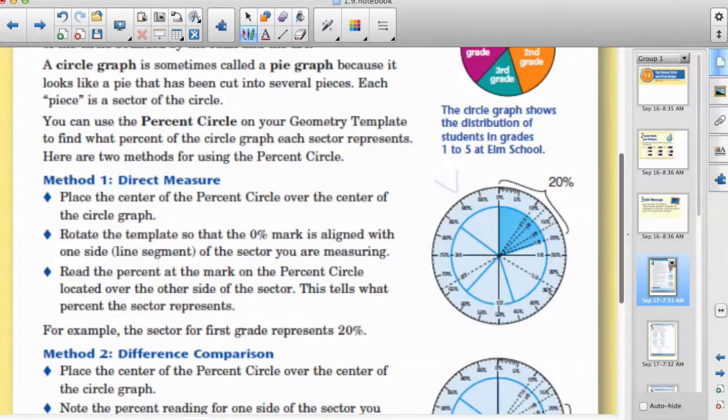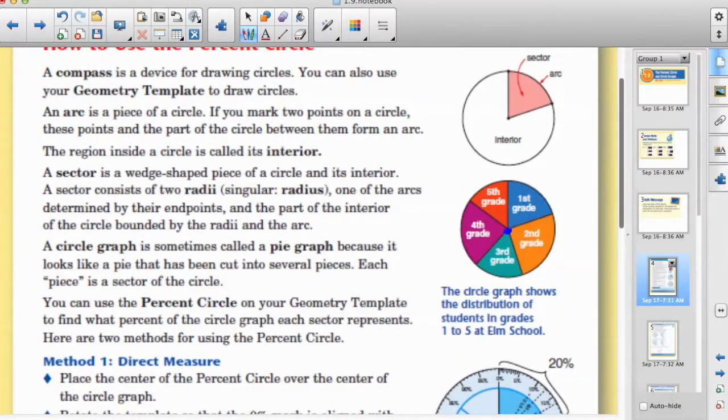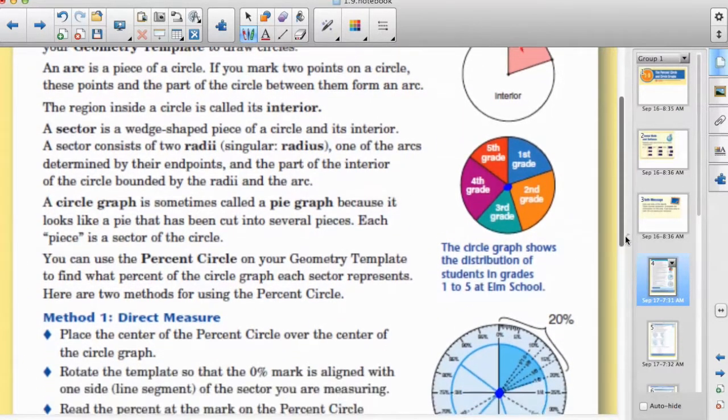The first one would be to place the center of the percent circle over the center of the circle graph. I think this is the most reliable way, this first method.